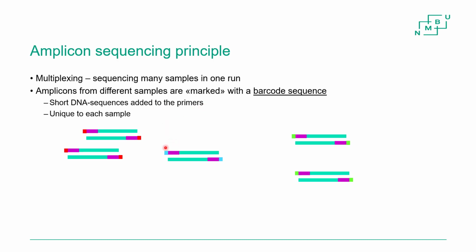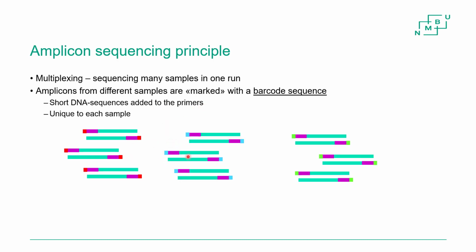So when the amplicons are swimming around in our soup after we have amplified them, they typically look like this, where those with the red barcode are coming from the same sample. Those with the blue barcodes are from another sample, and those with the green are from a third sample.